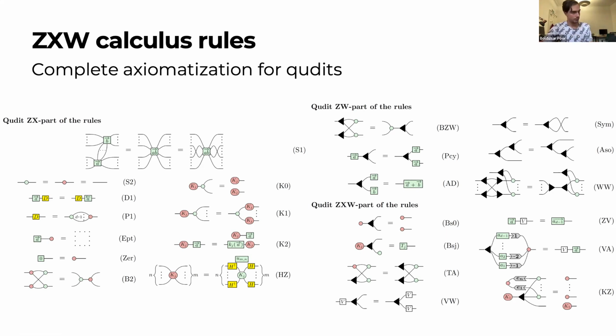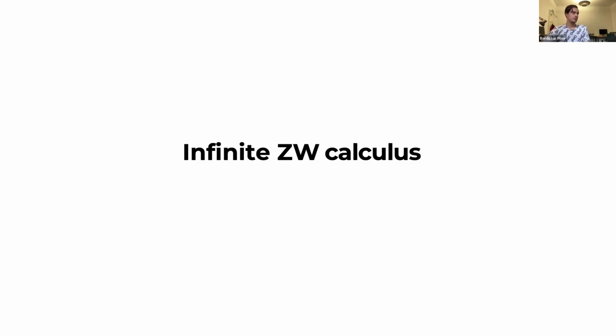I'm going to go into details a bit later in the next part of our presentation, the infinite ZW calculus. The way you should think about it is as a generalization of the ZXW calculus to infinite dimensions. You don't see the X, but there will be something corresponding to the X, but not exactly, because it's just not well defined.